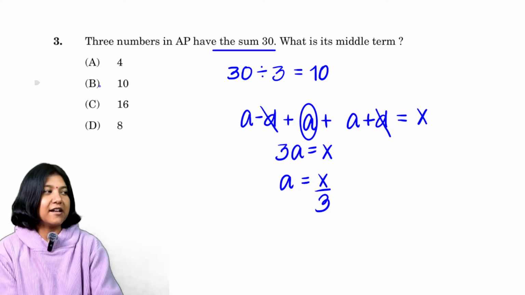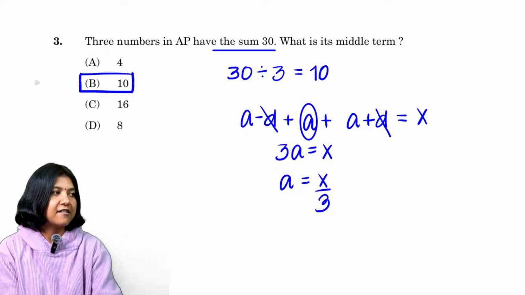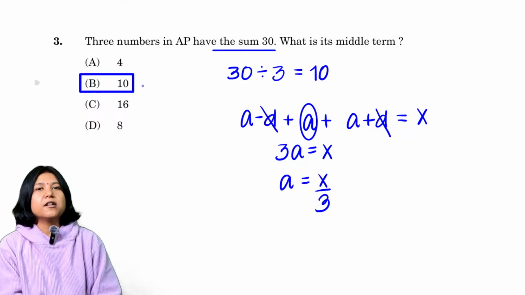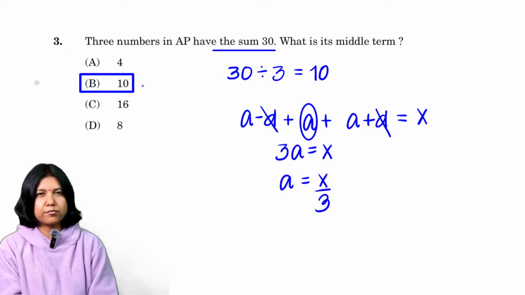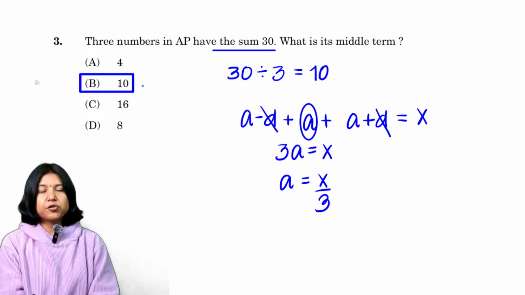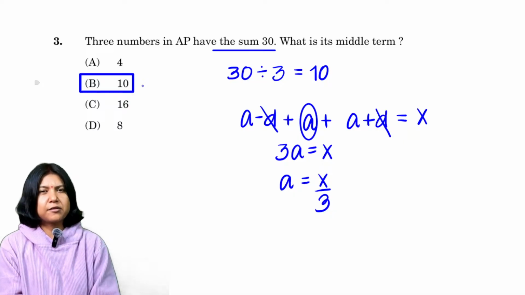So the answer is B, 10, and you're done. All right? You really don't have to process it like you do the regular questions from AP, because otherwise, if I say the first term is a, the second term is a plus d, and the third is a plus 2d, you'll have 2 variables to deal with, and you cannot solve 2 variables using just 1 equation.